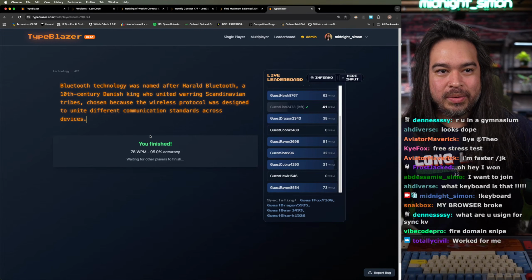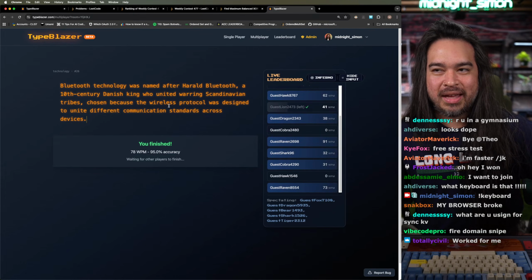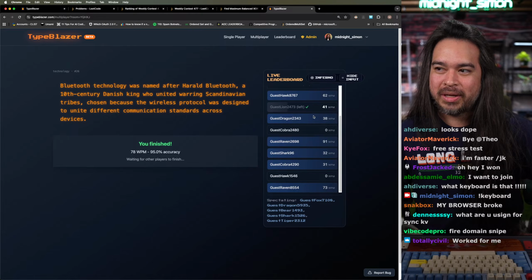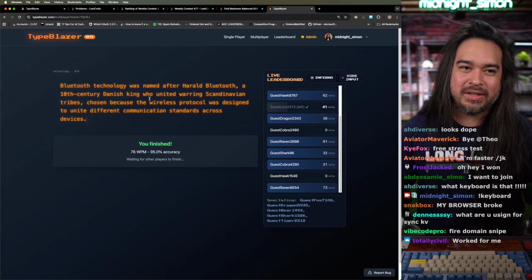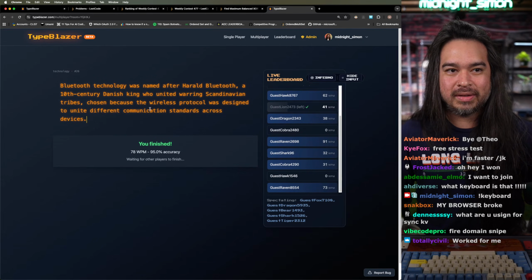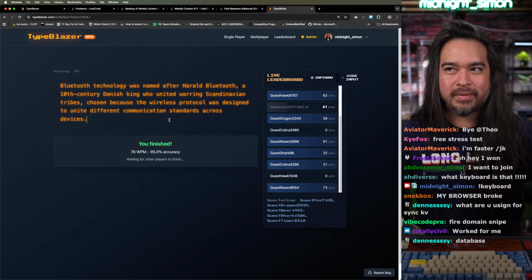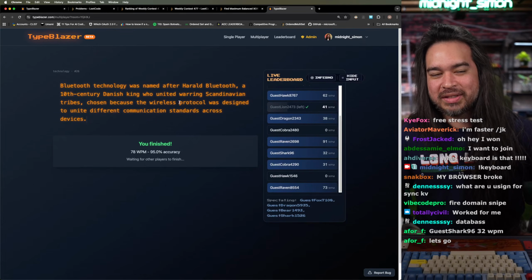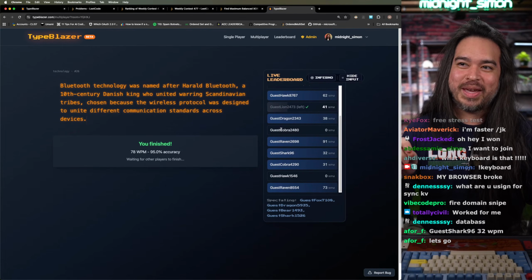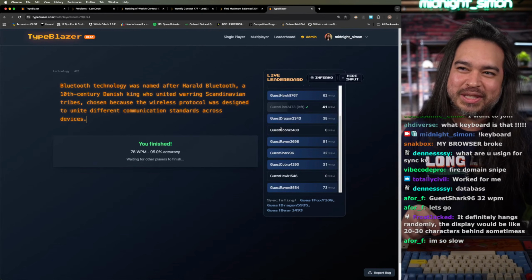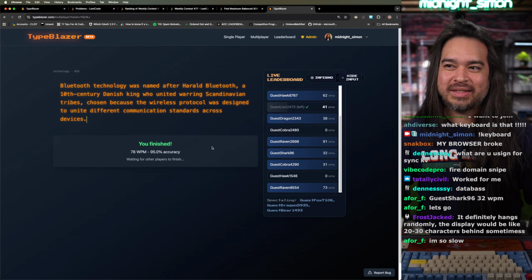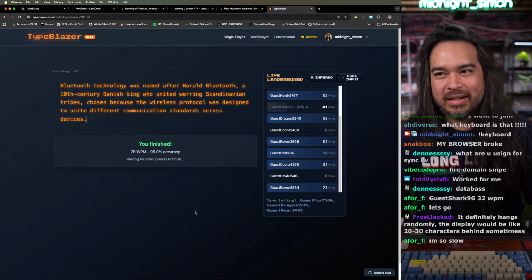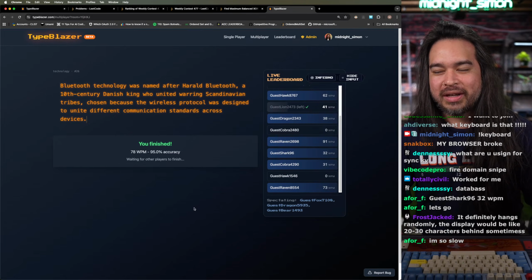What are you using for sync? What do you mean? Like the stack? It's C++ on the multiplayer servers, but the front end is in Vue, and I'm self-hosted on a dedicated server. I'm using Supabase. I'd say 95% of it was with Opus 4.6 and like 5% with Codex, High Codex or whatever it's called.